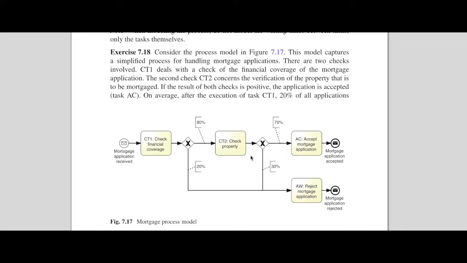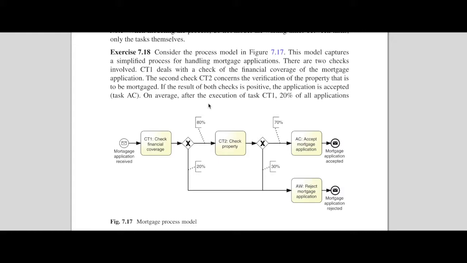If the result of both checks is positive, so CT1 and CT2, the application is accepted. So if both are positive, we get to task C, AC.